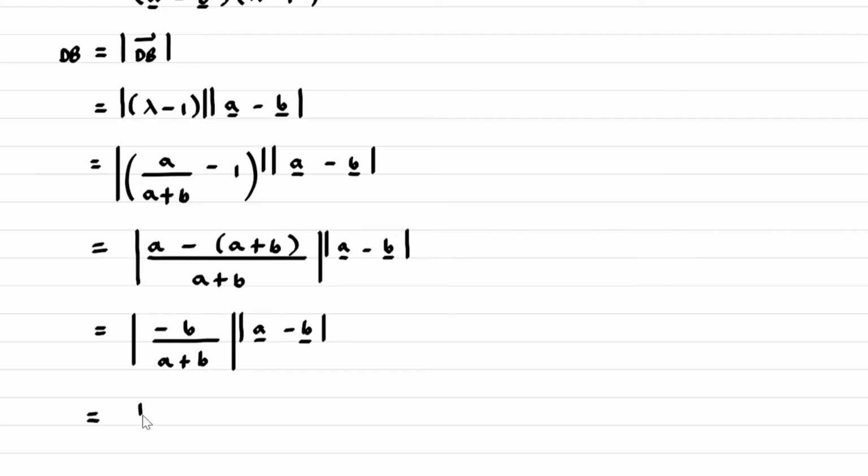So I end up with b over a plus b times the magnitude of a minus b.